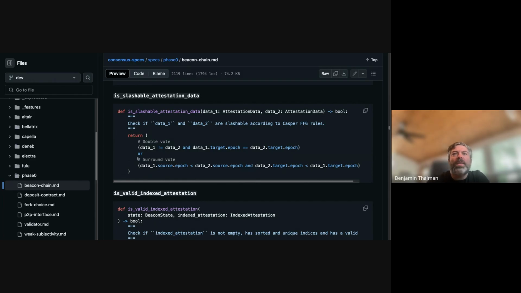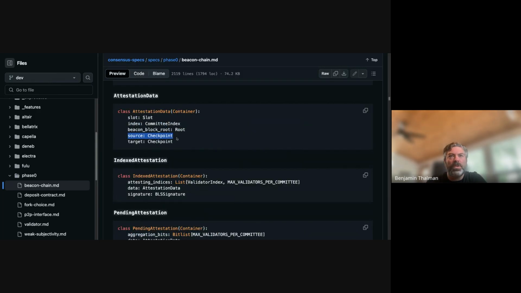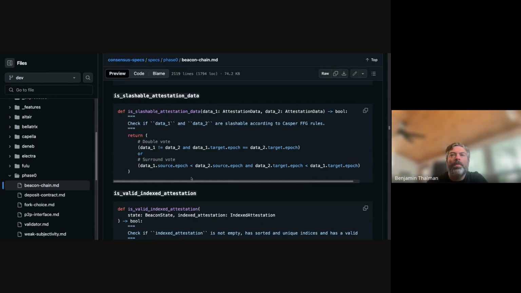So coming back to the attestation, we have our surround vote, and I talked about the checkpoints for the attestation. I'm just going to go back and show you real quick. You can see here, source checkpoint, target checkpoint. And basically a surround vote is when one source-target link completely surrounds another.